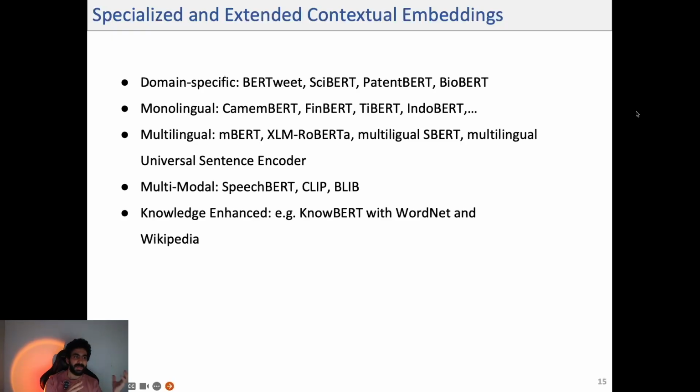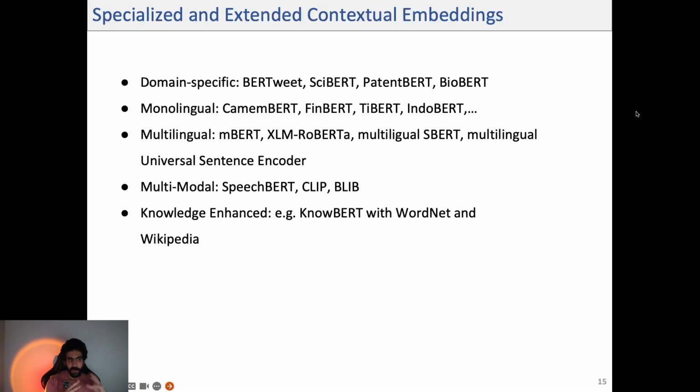Those models speak the language of their domain. Then there are language-specific models like CamemBERT for French, FinBERT for finance, TBERT for Tamil, IndoBERT for Indonesian. These are trained fully on one language or domain to perform better than multilingual models.